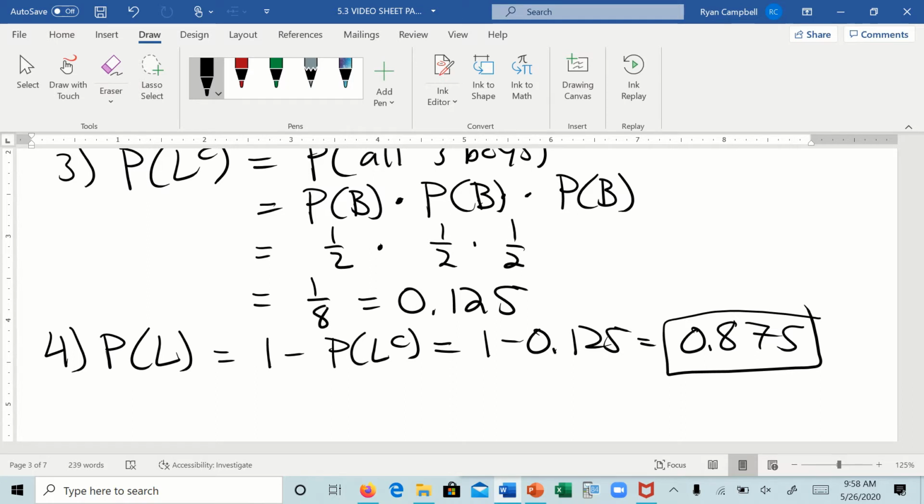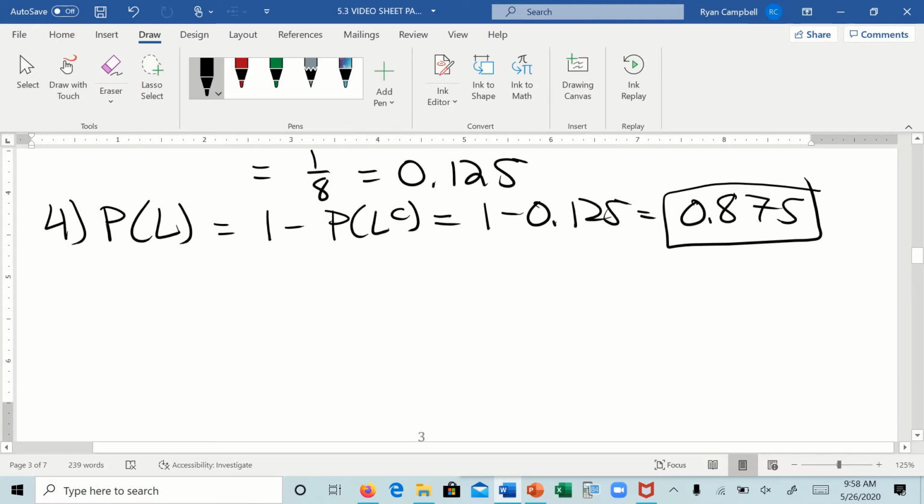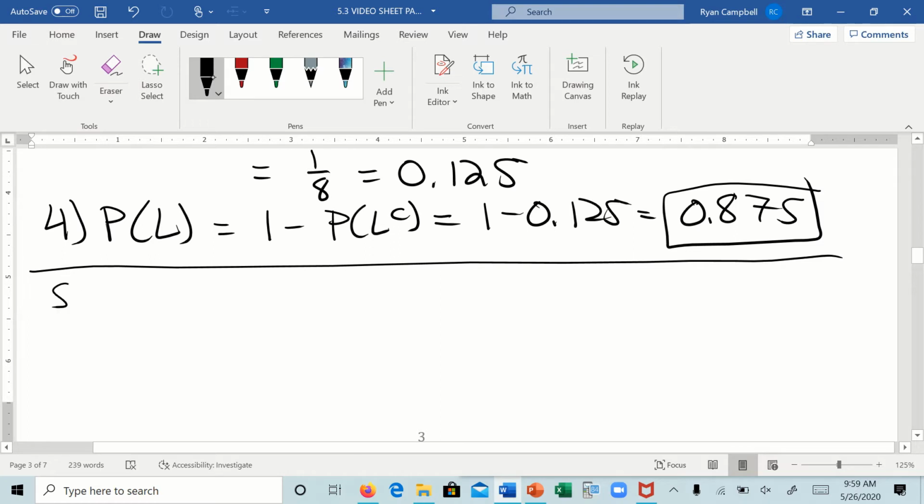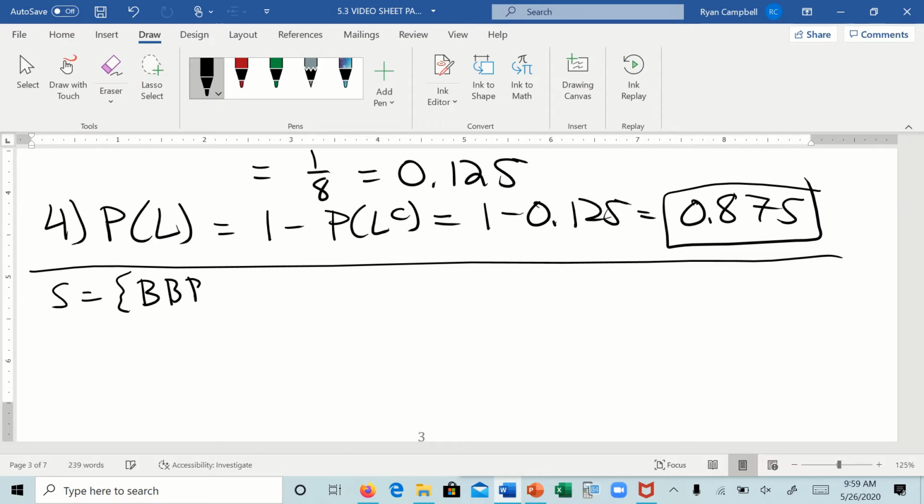Now again, just to show you that we can do this, kind of showing you what we were doing, we can actually list this out because 3 isn't bad. So for 3 babies, remember we have boy, boy, boy, girl, girl, girl, girl, boy, boy, boy, girl, boy.